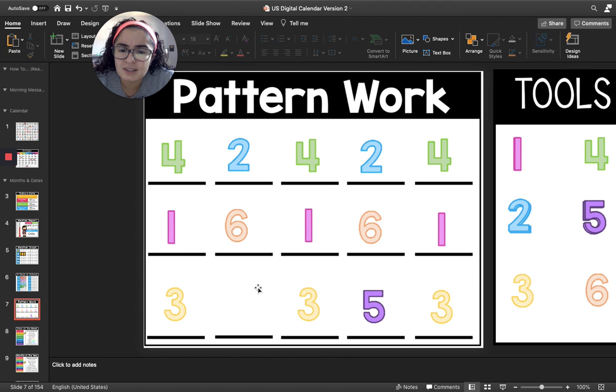So do you think that I should put a number 5 on this blank? I think so too. So I'm going to put a number 5 on this blank. All right, kiddos, how did we do? I think it's right, so let's read it all together. 3, 5, 3, 5, 3.